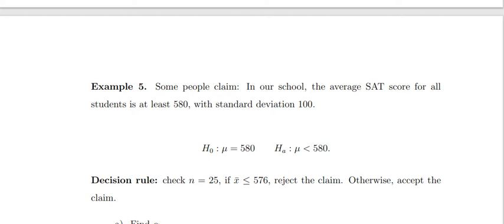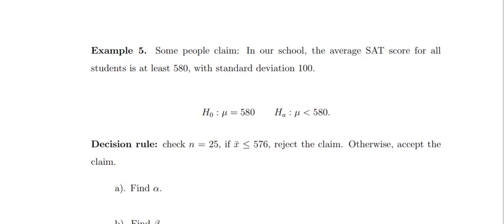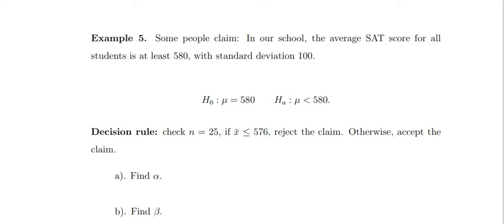Now, once we have a cutoff point, we can find alpha. So can we find beta? Let's consider this problem. We are talking about average ACT score. We know a high ACT score is good, so here this is one sided. We only consider one side, right?